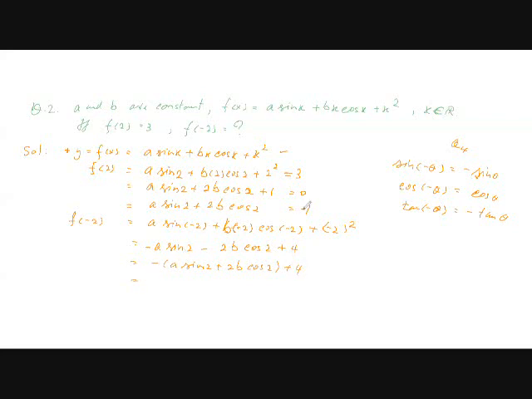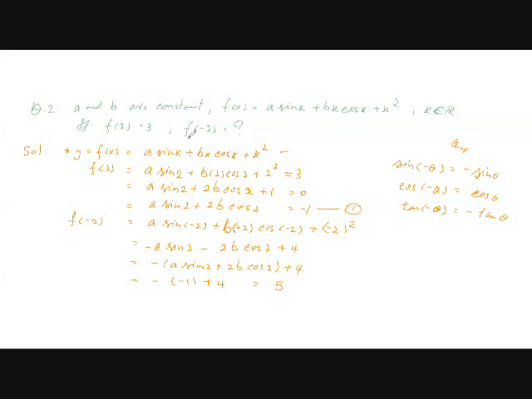From equation 1, a sine 2 plus 2b cosine 2, that means this one, equals negative 1 plus 4. So minus becomes plus, so equals 5.